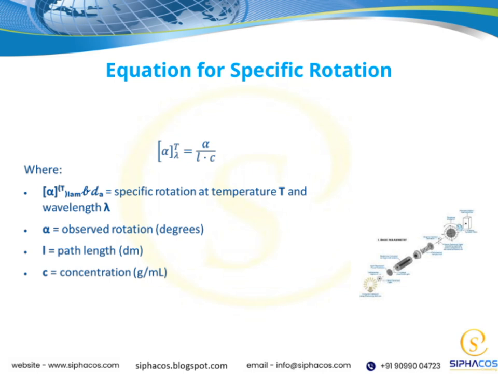The equation itself relates the observed rotation to factors like concentration and path length, giving us a standardized way to compare different substances. By mastering this equation, we can better interpret experimental data and identify various compounds based on their optical properties. This ties into the overall theme of understanding molecular structure through optical techniques, which is a powerful tool in chemistry.